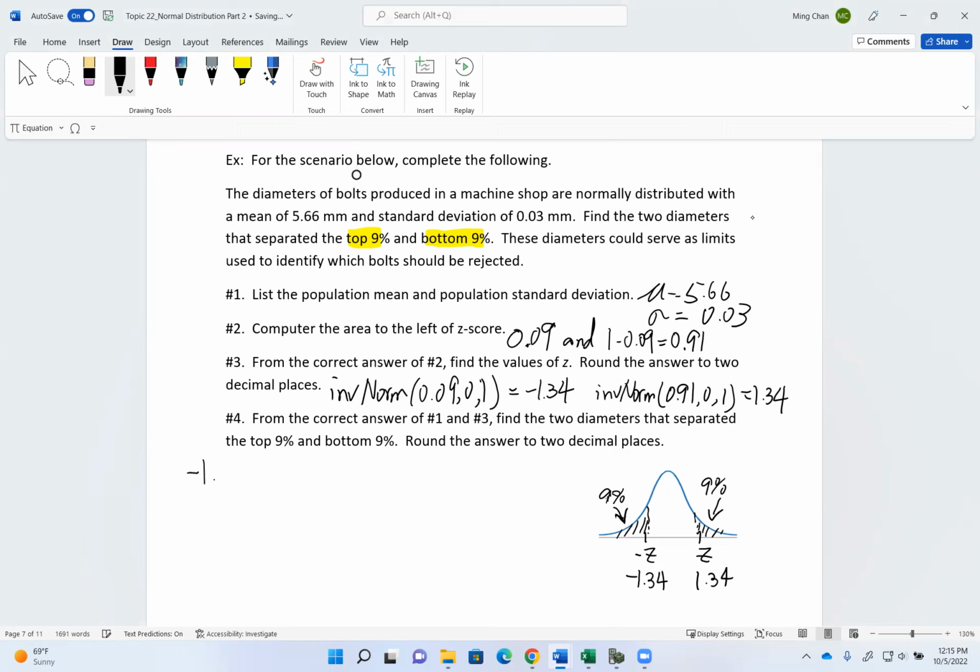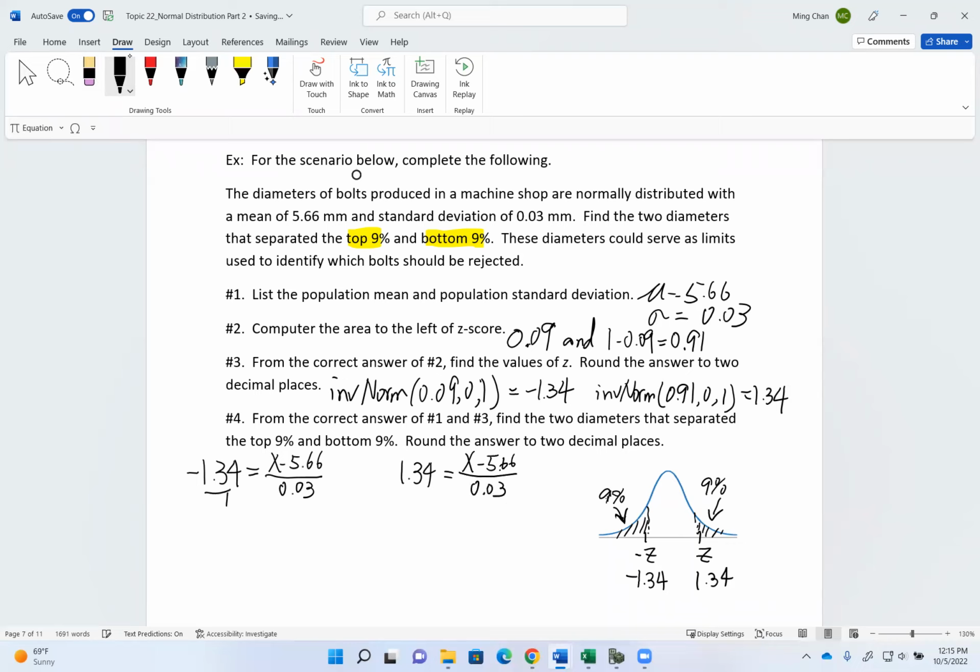So that's negative 1.34, set it equal to x minus 5.66 divided by 0.03. The other one is positive 1.34, set it equal to x minus 5.66 divided by 0.03.